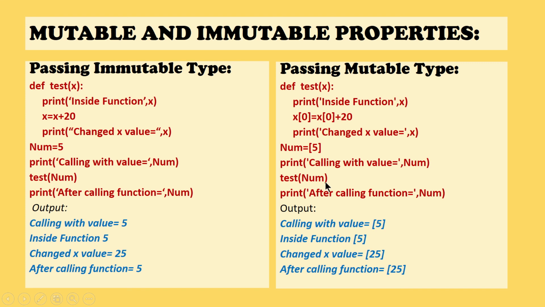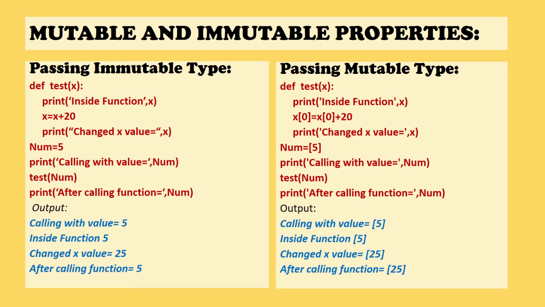Here num is the actual parameter and x is the formal parameter. Whatever changes are made inside the function will be reflected in the actual parameter, right? So after calling the function, the value is 25, not 5, because num and test both refer to the same list, the same memory location.